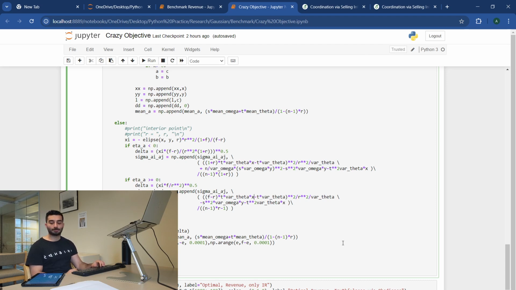Minus ft, minus f times t. Oh, minus ft var theta rather than over squared over r squared over var theta. That's it.